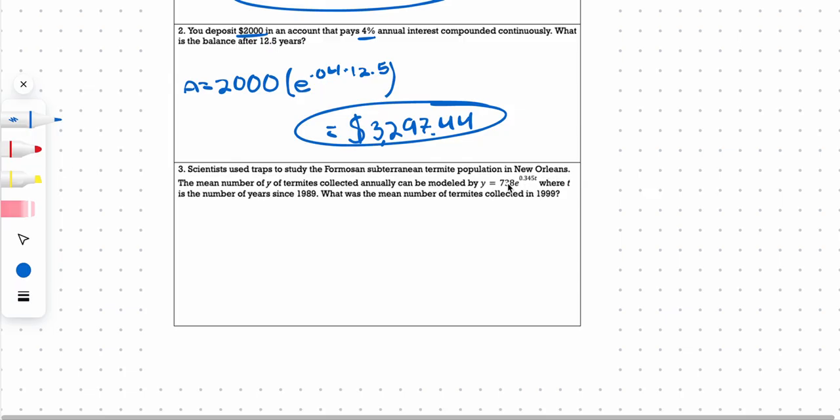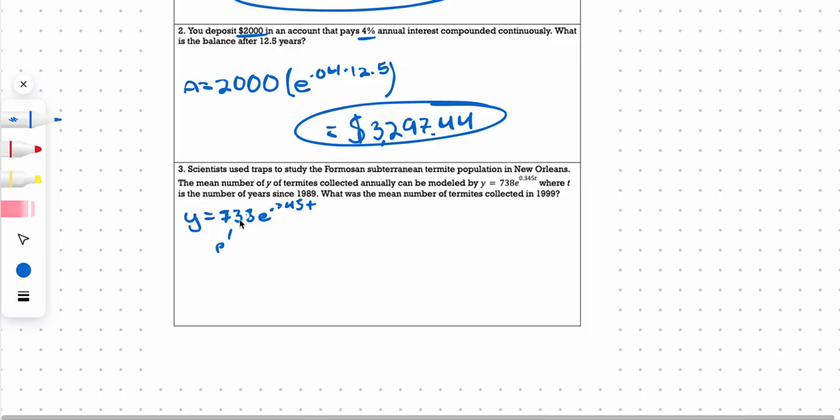So let's actually first analyze this equation they give us, because this is important. Just to understand. This is our P value, initial amount. So this is how much we start with in 1989. So that might come up as a question on the test.